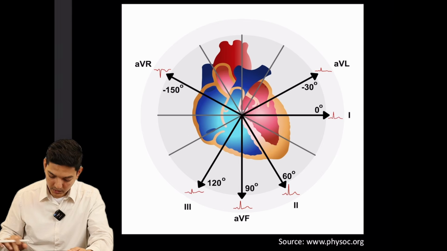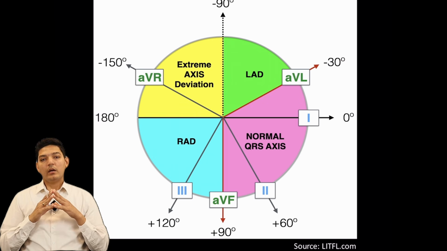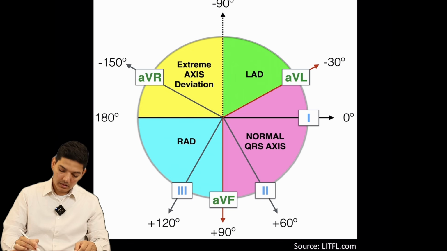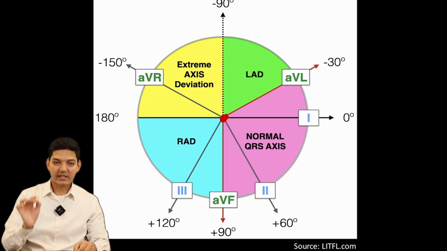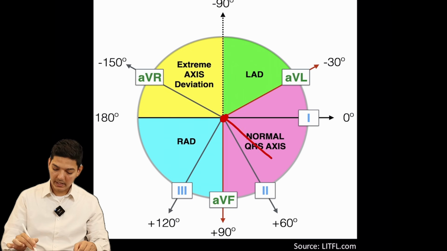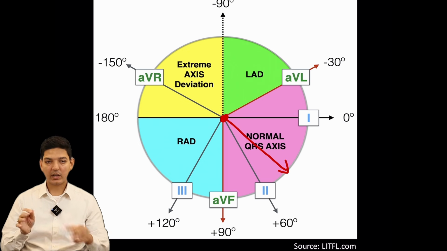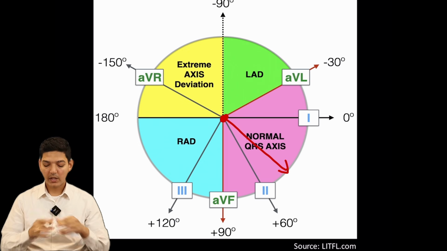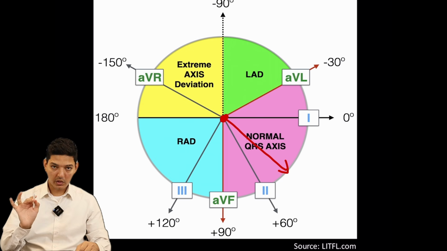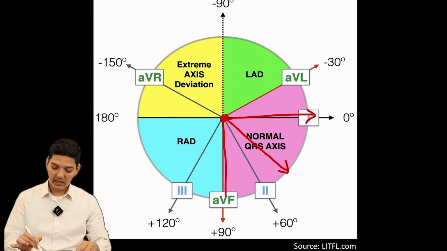So let's go back to the different slide here and try to understand on this diagram. Let's assume that the normal direction of the vector for the ventricles is somewhat in this direction. The majority of the time this ventricular vector is between lead 1 and lead AVF.